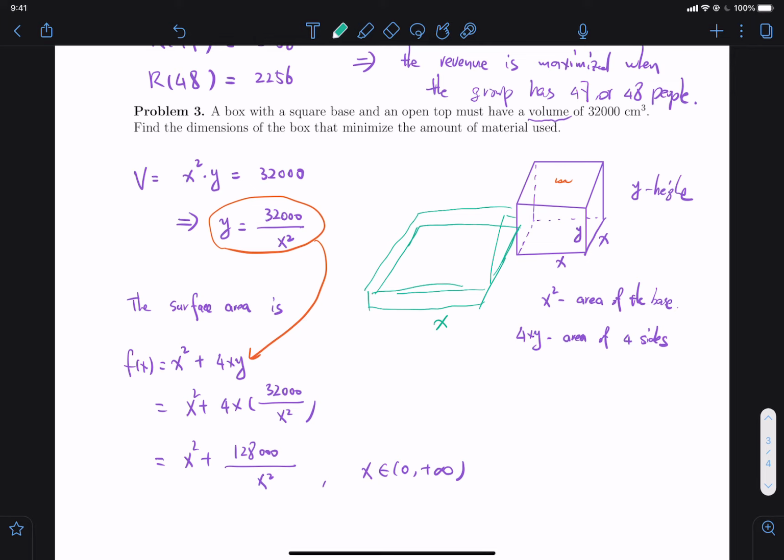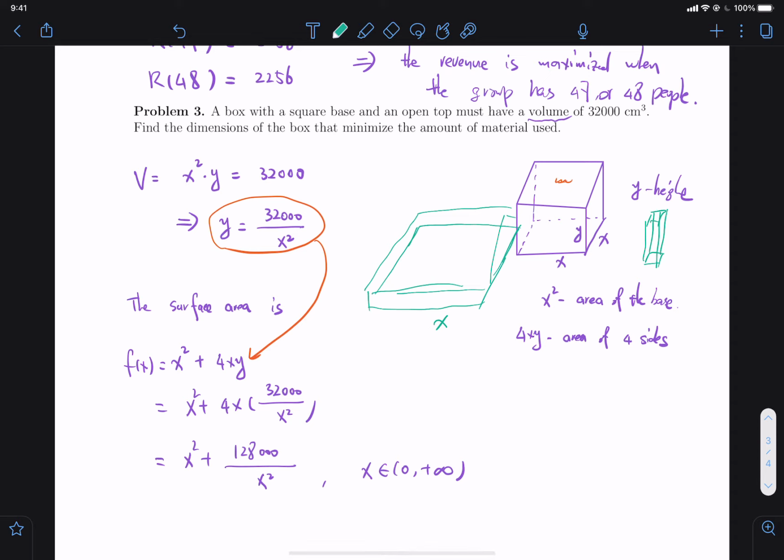Or it could be a very, very skinny and tall box like that. That is also possible. So x can be as small as 0, as long as it's not completely 0. It could be a very, very small positive number, or a very, very large number. So the domain of this function is from 0 to positive infinity.